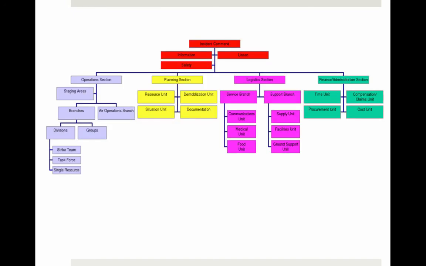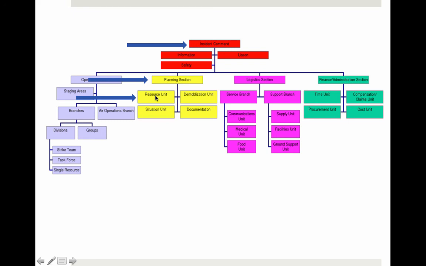So let me demonstrate these terms here going back to our ICS organizational chart. So chain of command would mean that perhaps the resource unit leader then has to report to somebody. Following his chain of command, he would report to the plan section chief, who would then report to the incident commander. That is the chain of command. As it relates to unity of command, the resource unit leader reports only to one person.